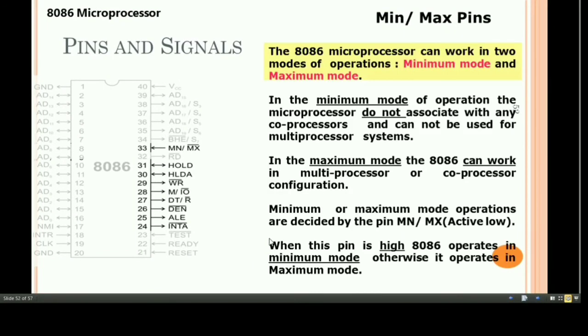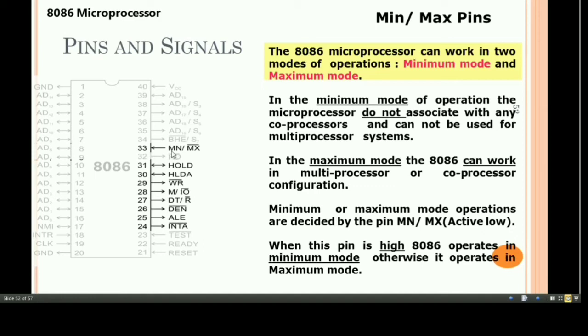Now we will see the minimum and maximum pins for the 8086. The 8086 processor can work in two modes of operation. Pin number 33 indicates whether the processor is working in minimum mode or in maximum mode.